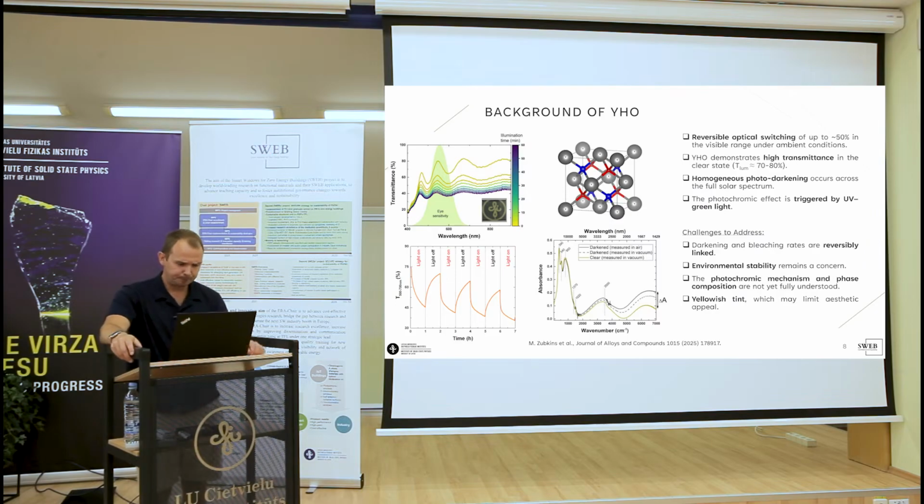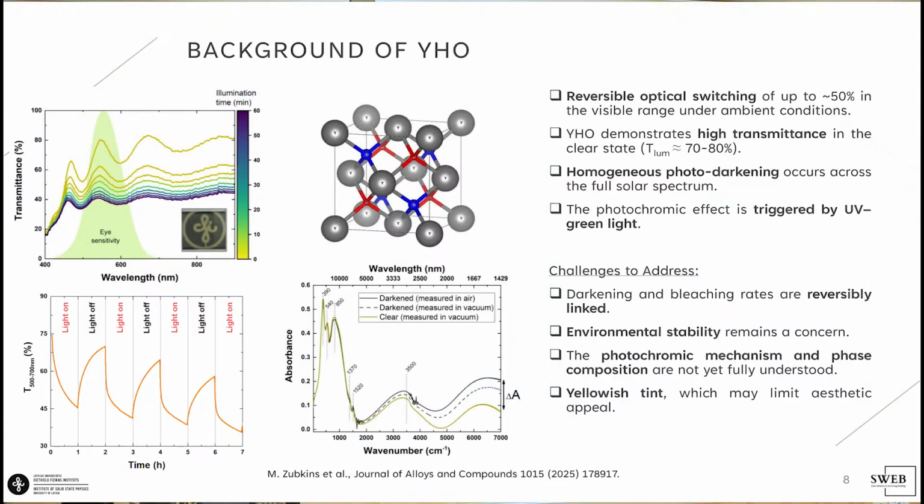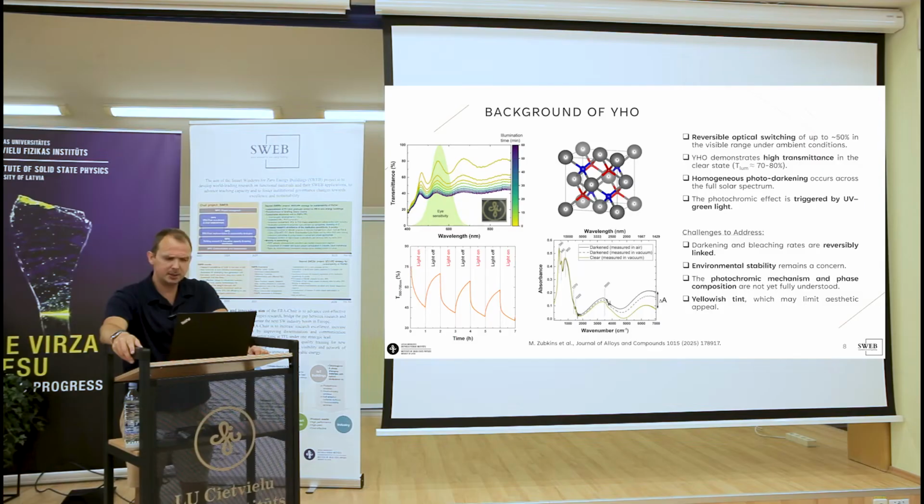About yttrium oxyhydride. Here on the left top graph, you see transmittance spectra of yttrium oxyhydride. You see it's quite transparent. We can adjust the thickness of the film so that the transmittance spectra nicely match our eye sensitivity spectrum. Before illumination, the film is around 70 to 80% transparent, and then we illuminate it, and you see that the transmittance spectrum gradually decreases, and that decrease is across the whole spectrum.